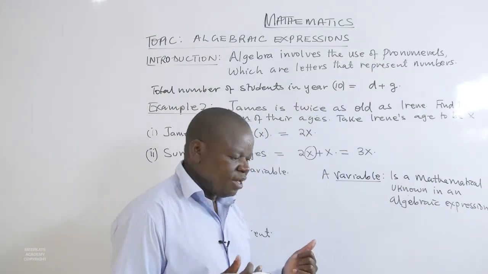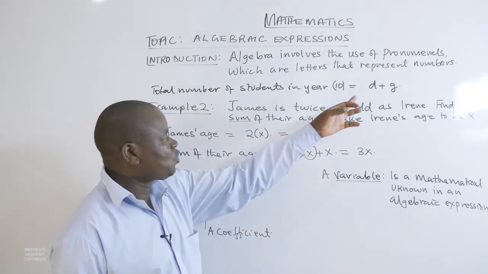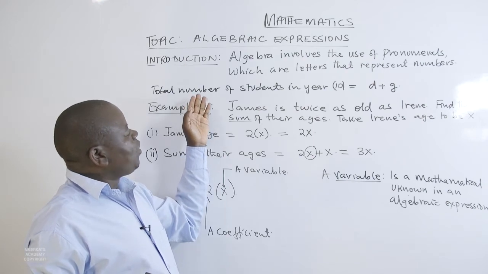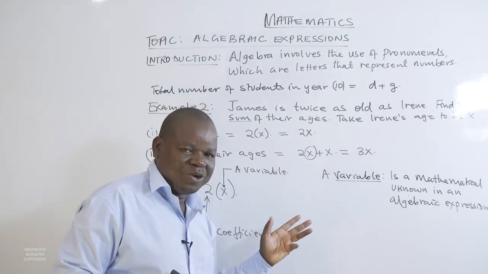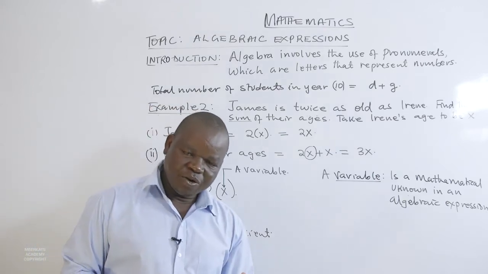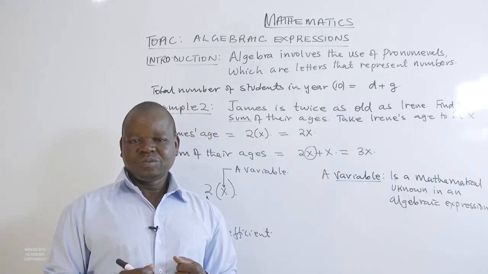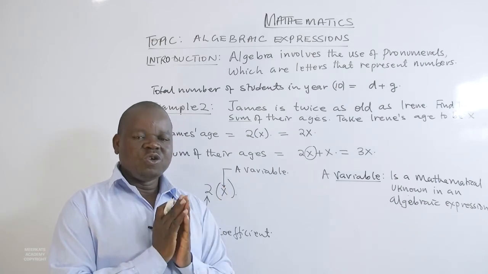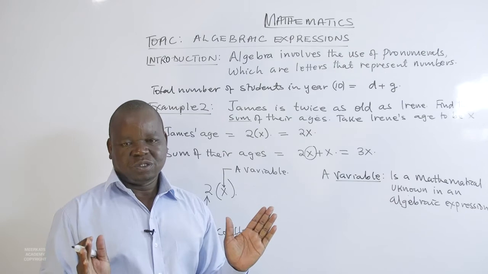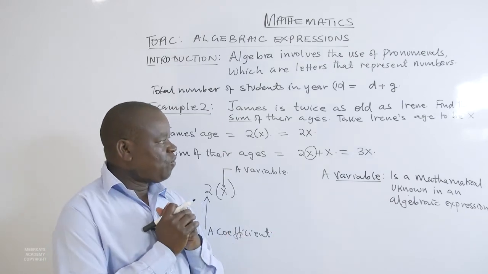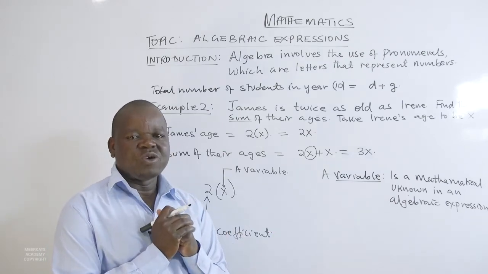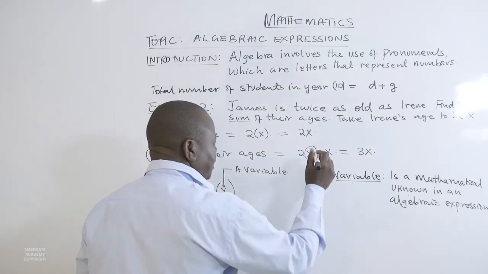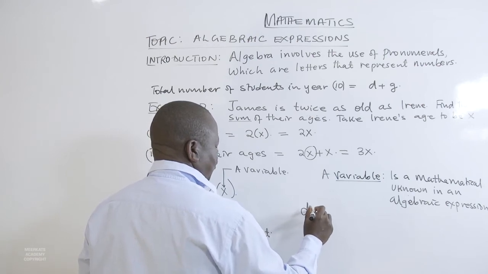For example, look at example 1. We say that we have D number of boys and G number of girls. In this case, we don't know the specific numerical value of D or of G. It can be anything, even 0.